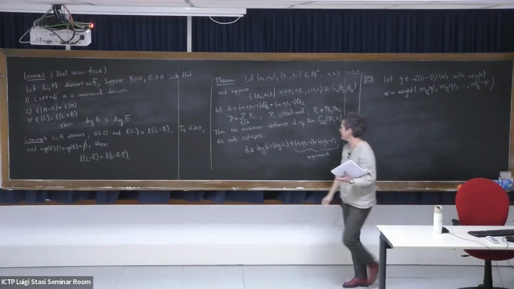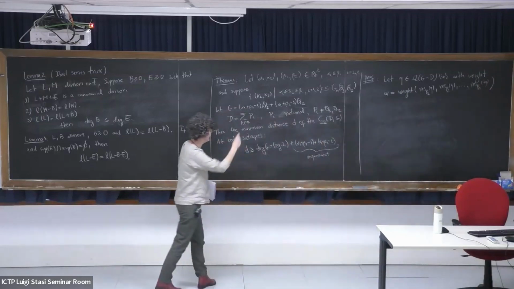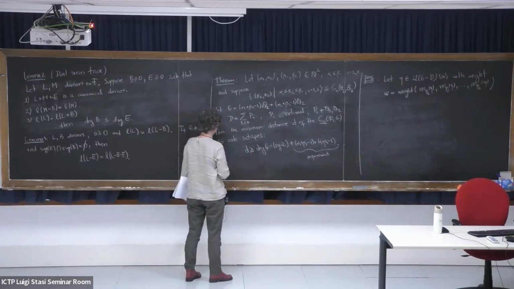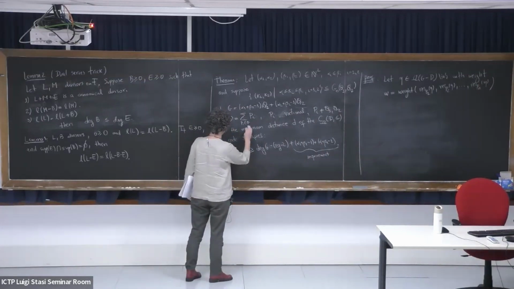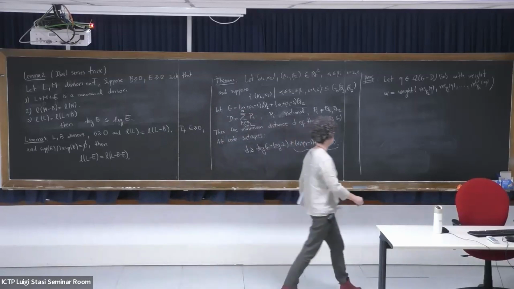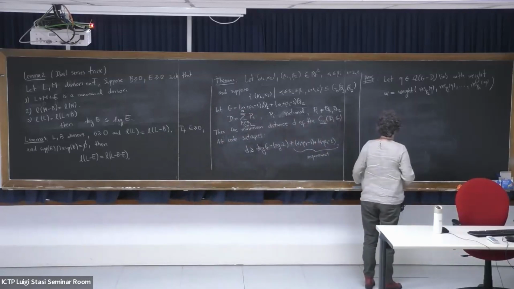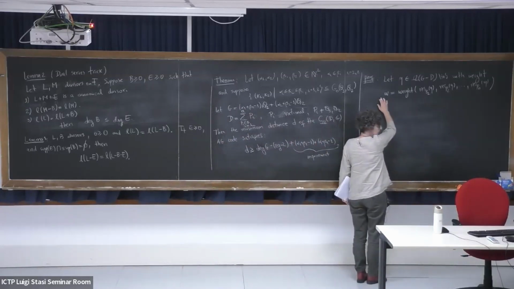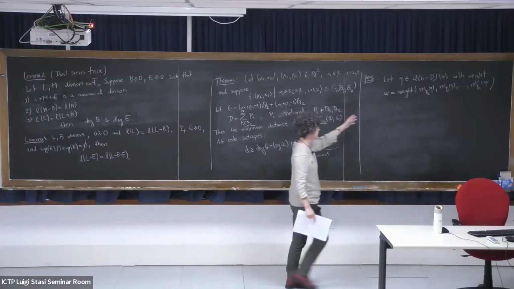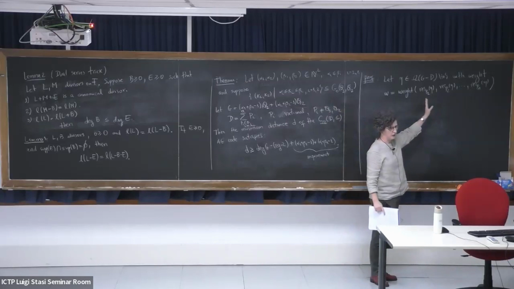I didn't say here, but who is n? n is the degree of the divisor D, the length of the code, and we do this for i equal to 1 to n. If it has weight omega, it means that you have omega coordinates that are non-zero and n minus omega that are 0.